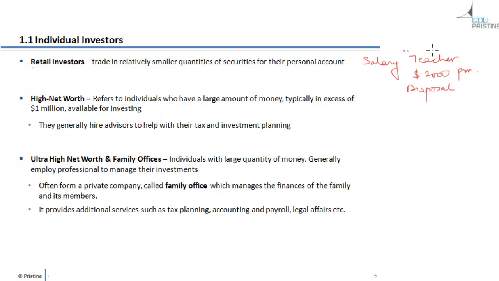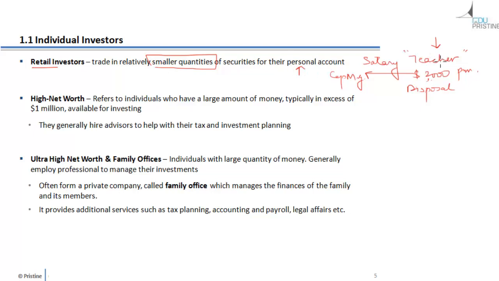Now this school teacher, which looks like a conservative profession, is pretty aggressive and therefore can, or should I say wants to, invest this money into the capital market. Now this school teacher doesn't have very deep pockets, or a lot of capability to take risk, etc. So the point is, a retail investor is going to be the one who will trade in relatively smaller quantities for their personal account.